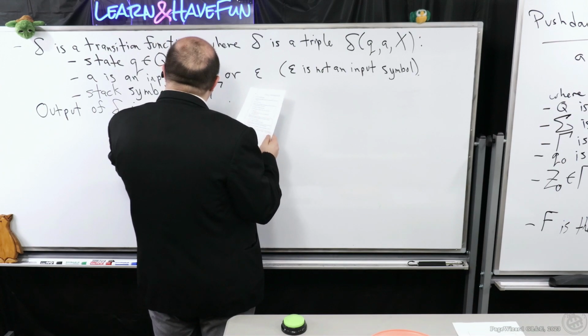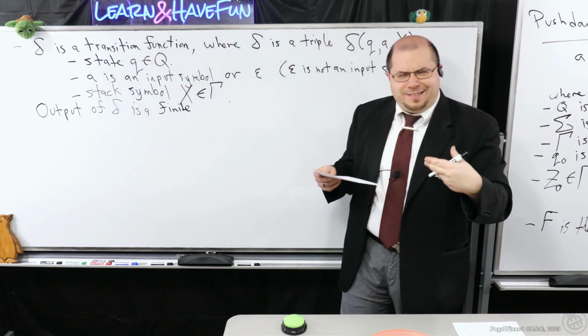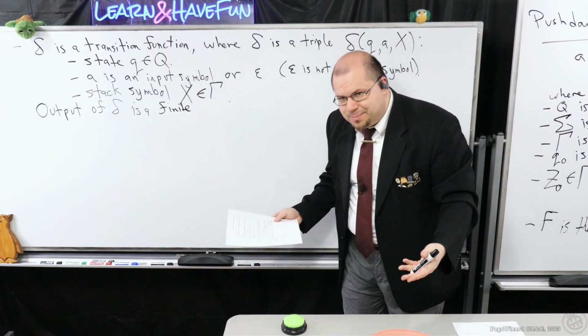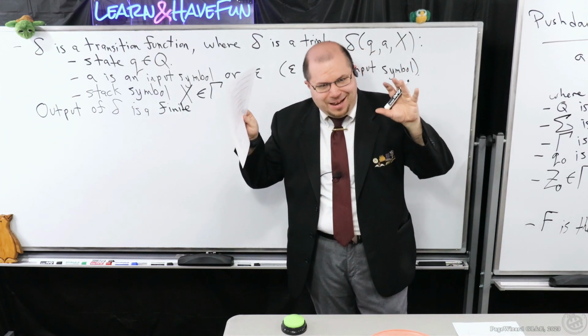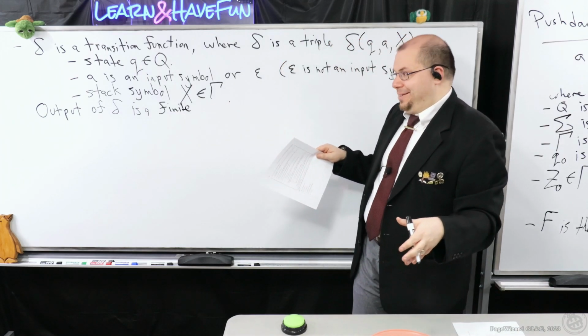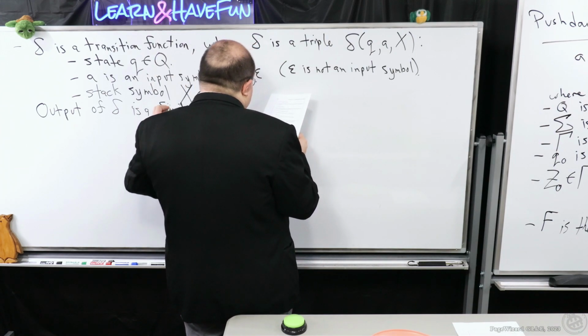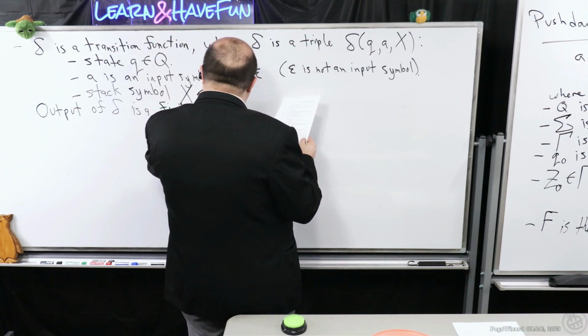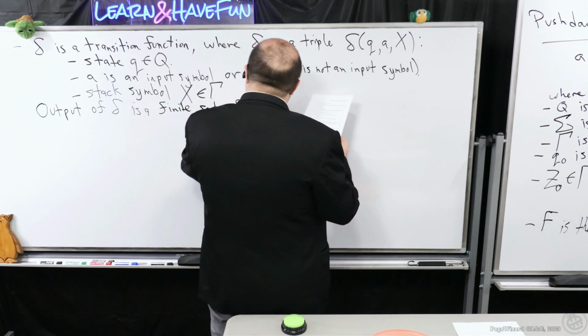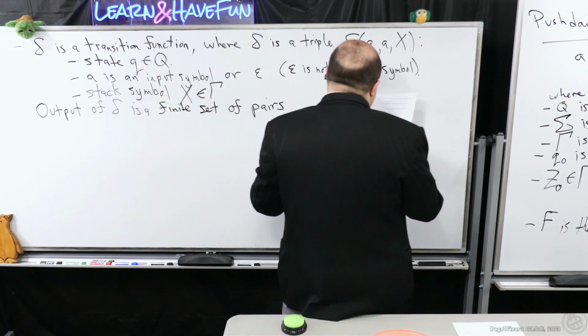We're going to imagine it just like we had with the epsilon NFA, where it outputted a set of states, right? But I told you now that the PDA depends both on the set of states and what the stack looks like, right? So now it actually is going to be a finite set of pairs. It's not just going to be a set of states anymore. Now it's going to be a set of pairs.